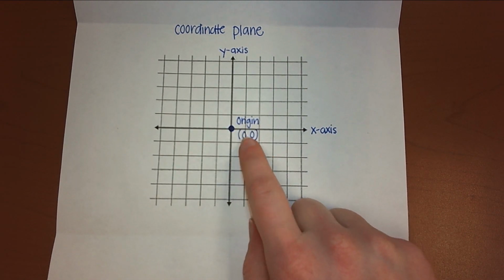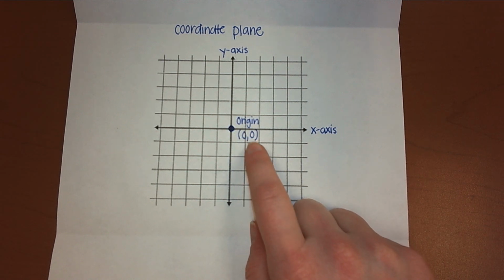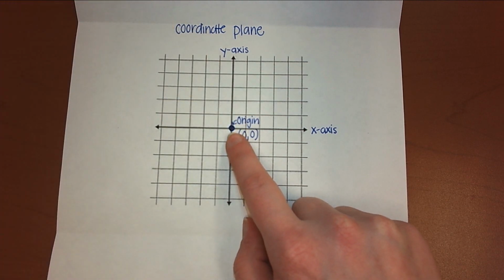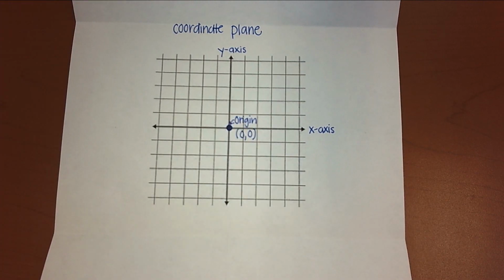So the origin is at 0, 0. And that is the ordered pair for the origin. The origin is where the x and y axis meet. It's at the very center of the coordinate plane. And it is the 3rd location that we've talked about.